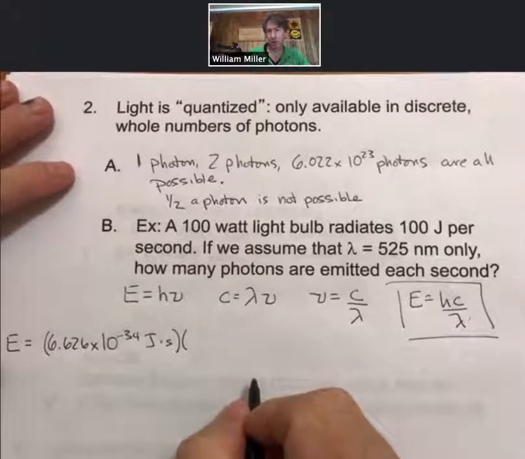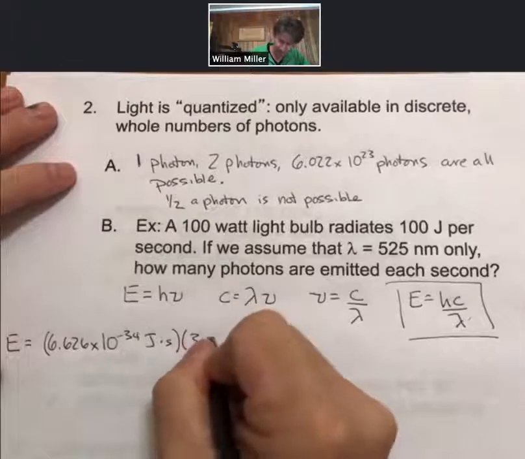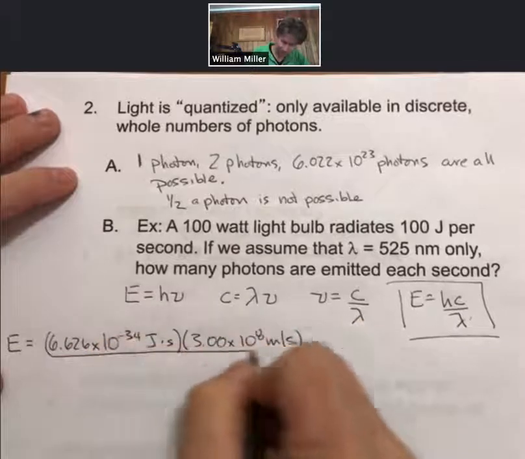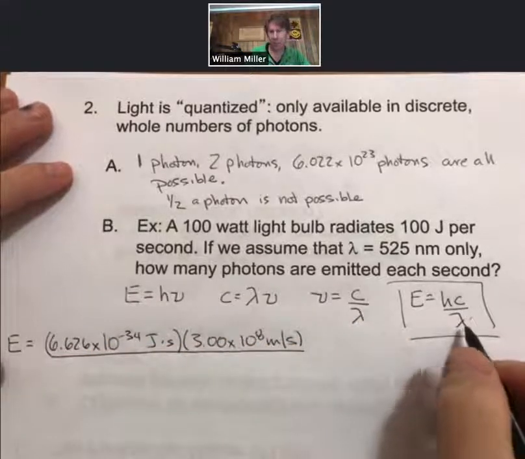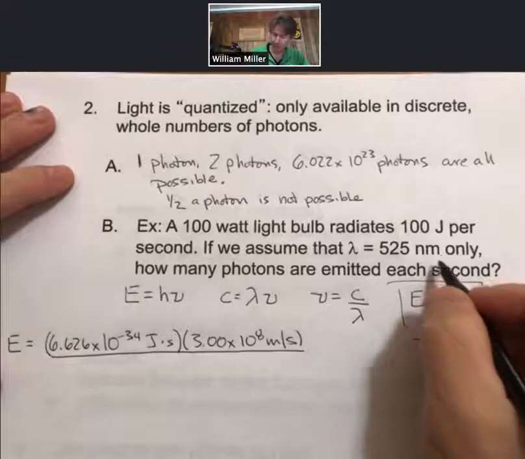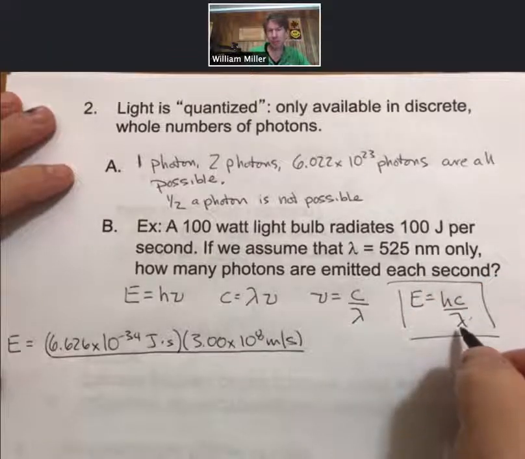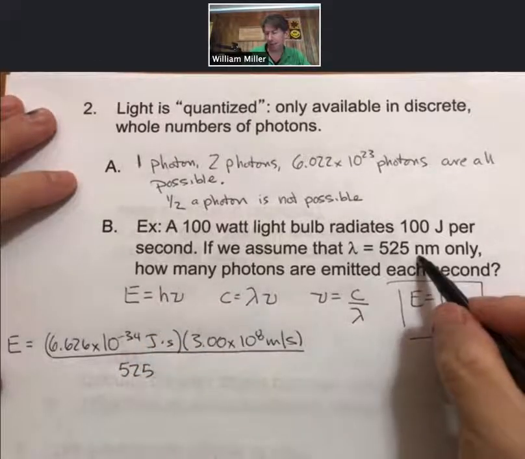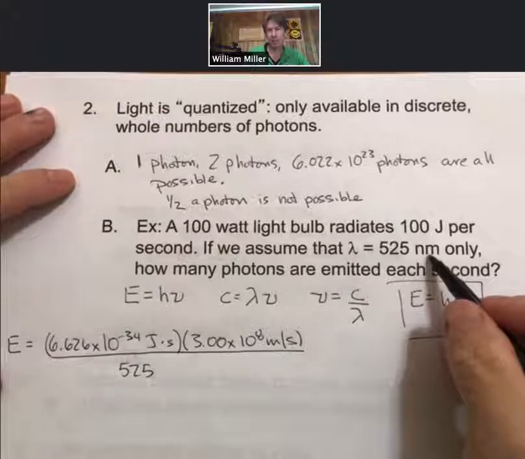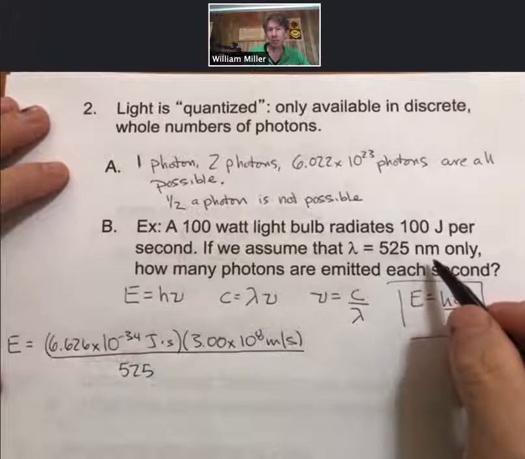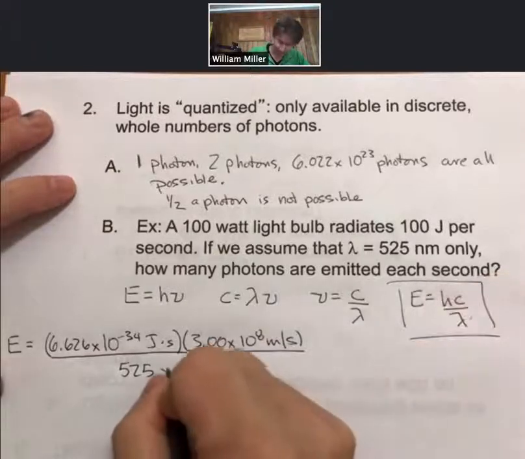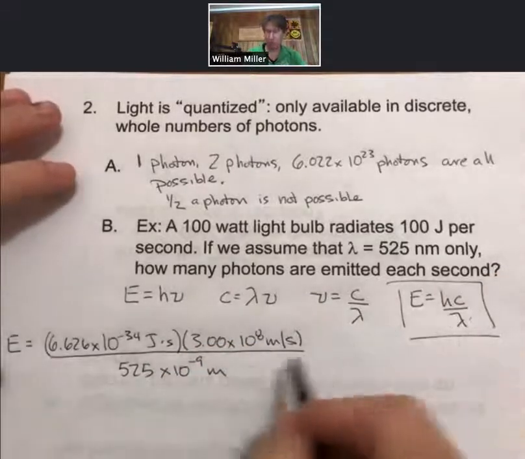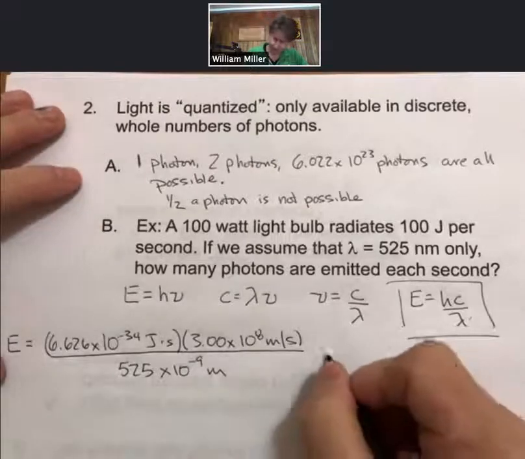That's 3.00 times 10 to the 8th meters per second, divided by my wavelength. My wavelength is in nanometers. And this time, just to do something a little differently, I'm going to put my 525 right into my equation. And then instead of writing nanometers, since 1 nanometer equals 1 times 10 to the minus 9th meters, I will just write times 10 to the minus 9th meters there. And so that's a shortcut method of doing my unit conversion.